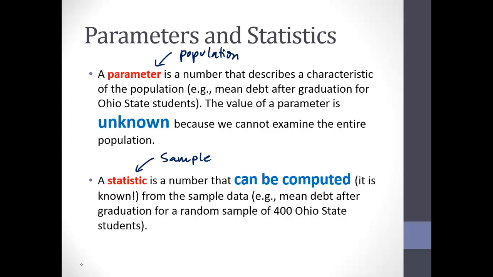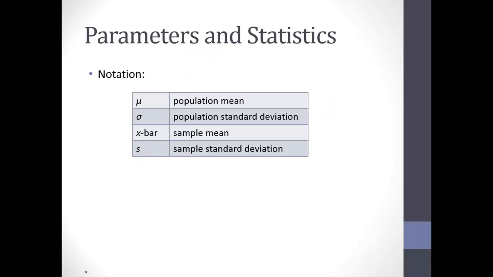So a few examples here of what I mean by these things, and this kind of reminds you of our notation. So these two things up here, mu and sigma, these are our parameters. So again, we've talked about this a lot. We've said that mu is going to correspond to our population mean. That's like the overall mean for whatever our population is. And sigma is going to be our population standard deviation.